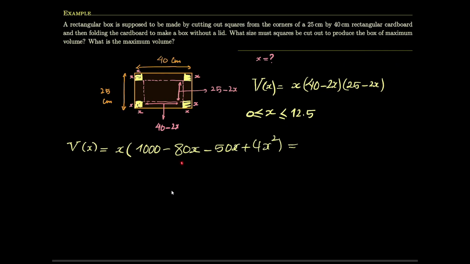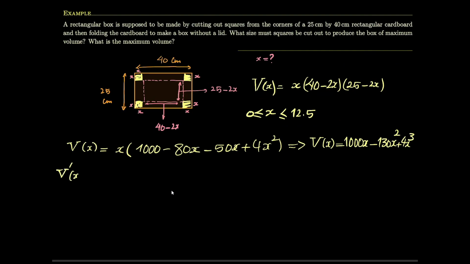I simplify these two in my head, it is minus 130, and then I multiply x in. So finally, the v of x that is simpler to work with is 1000x minus 130x squared, and then finally 4x cubed. And then I differentiate, of course.